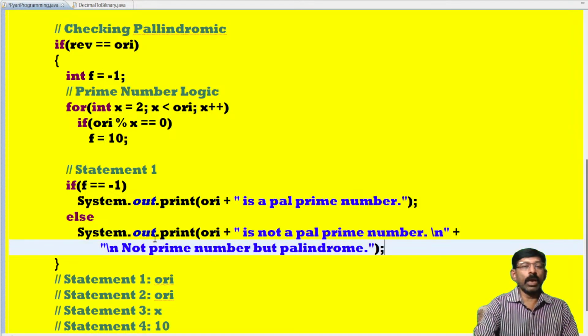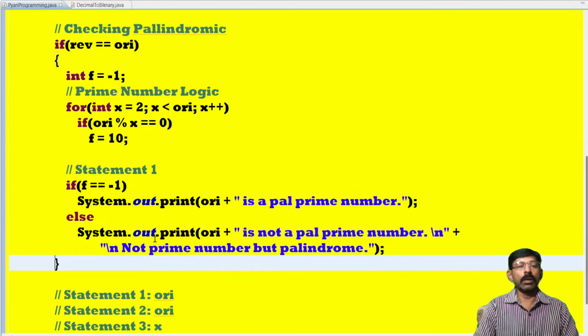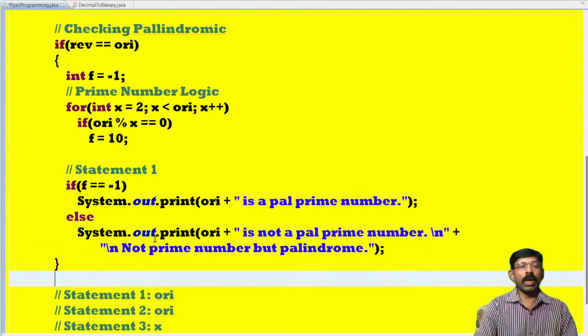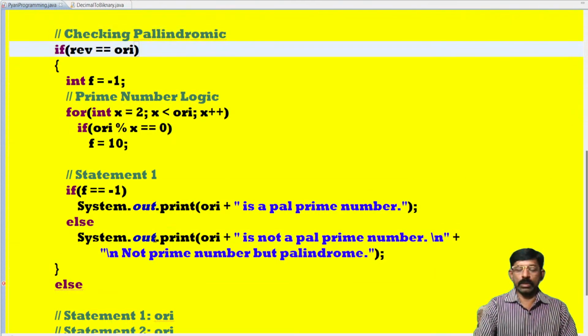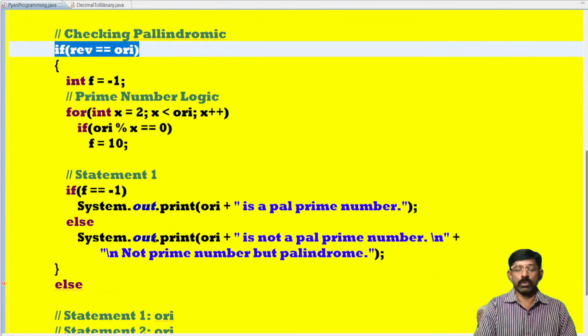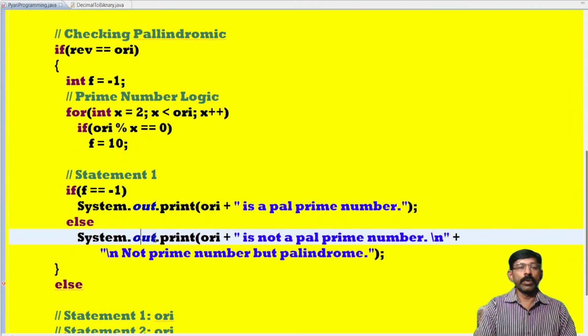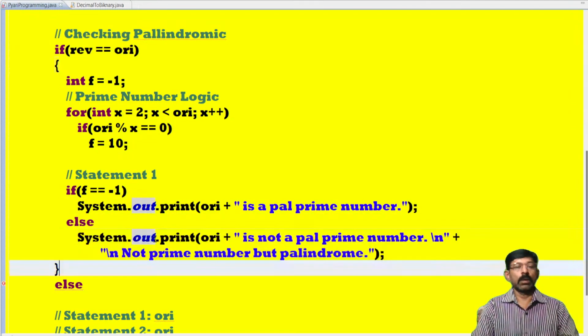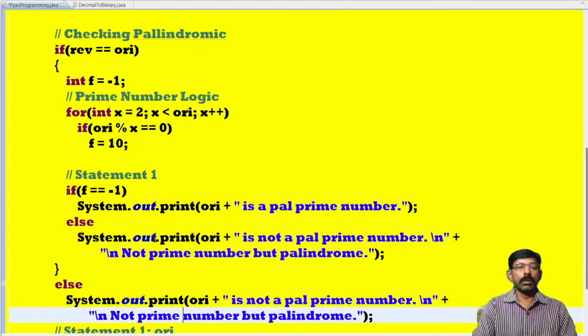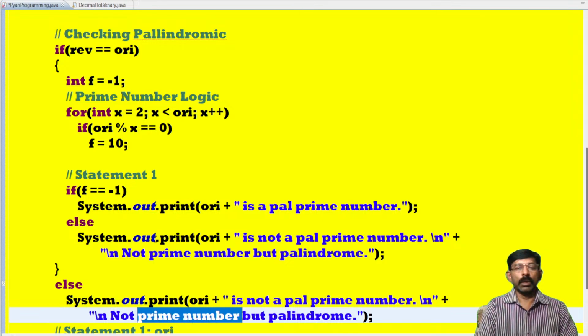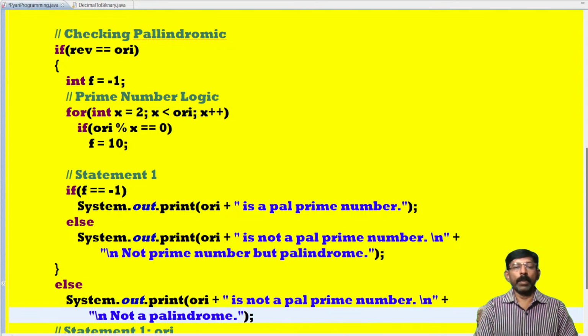And can you tell me what it should be over here? This else part says it is not a palindrome at all. Look at this. It is not a palindrome at all. So it is not a Pearl prime. So we can give like this: is not a Pearl prime, not a palindrome number.